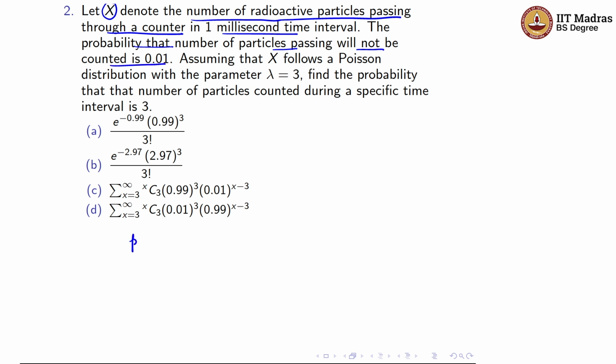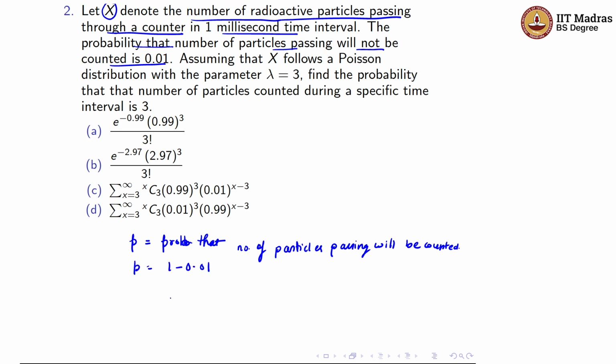So we know that the probability of success here will be that the number of particles passing will be counted. So p will be equal to 1 minus 0.01.